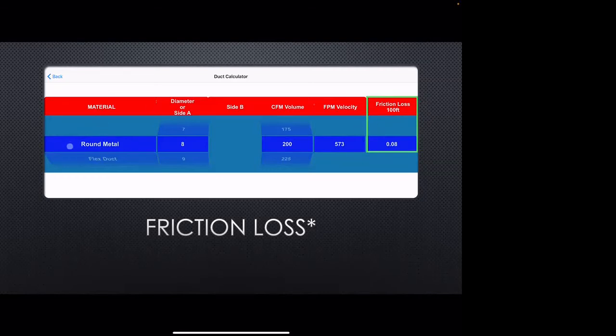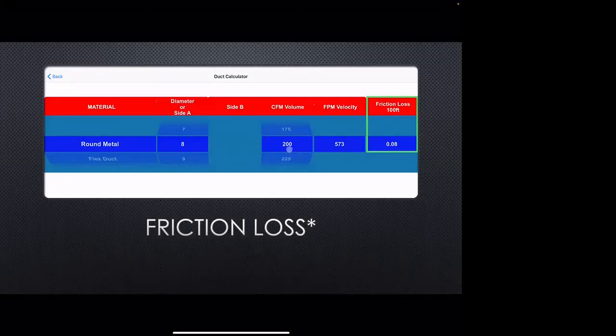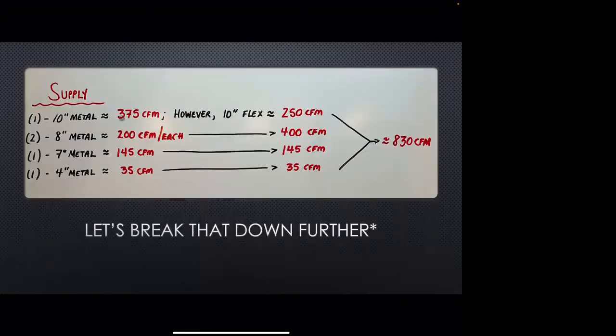This is an example here showing where I put an 8-inch round metal and then I changed my CFM volume to equal my friction loss. And we're at 200, which is exactly what I wrote down right here. Did that for each individual one to come up with our total number right here.